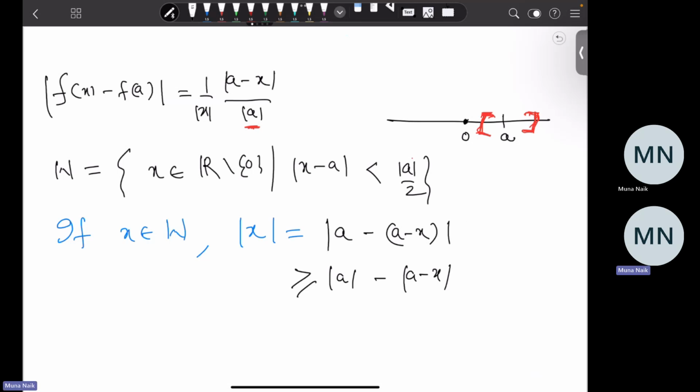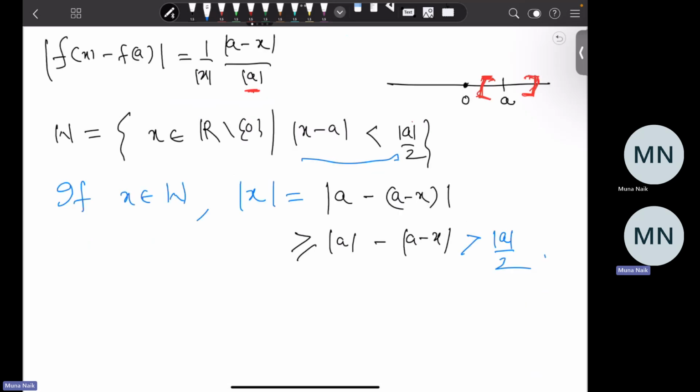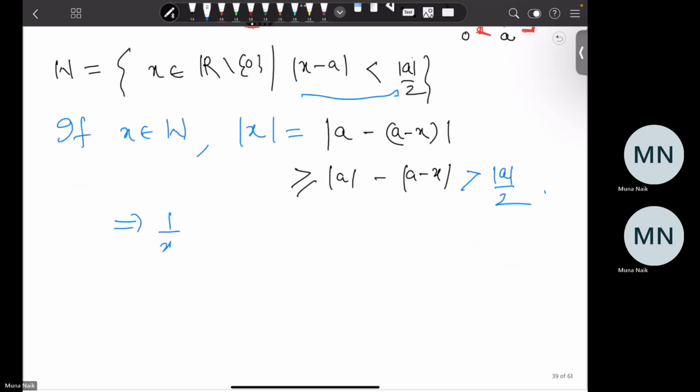Since mod of x minus a is less than mod a by 2, this is really greater than mod a by 2. So that will imply that 1 by mod x is less than 2 by mod a.